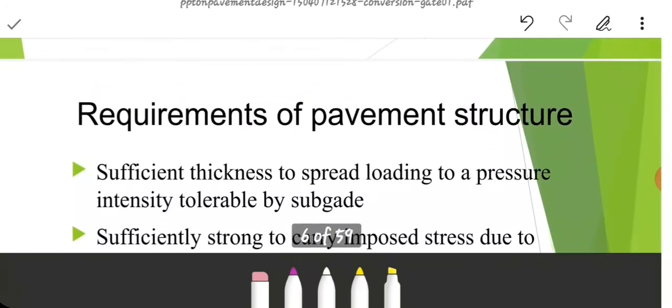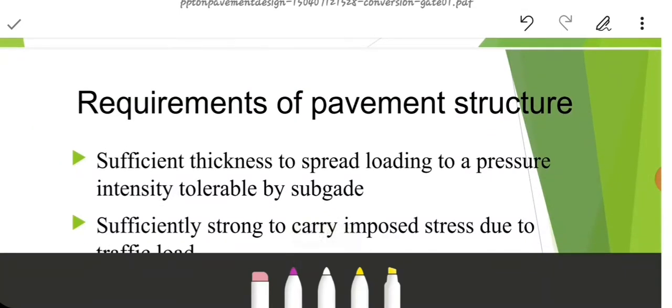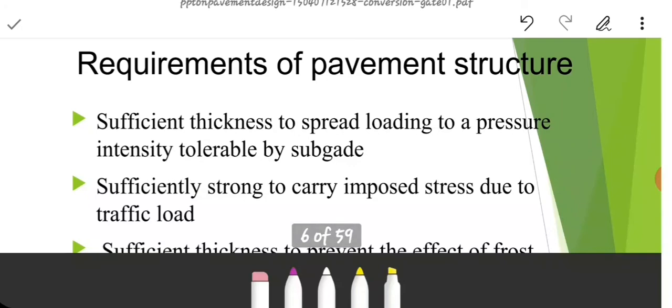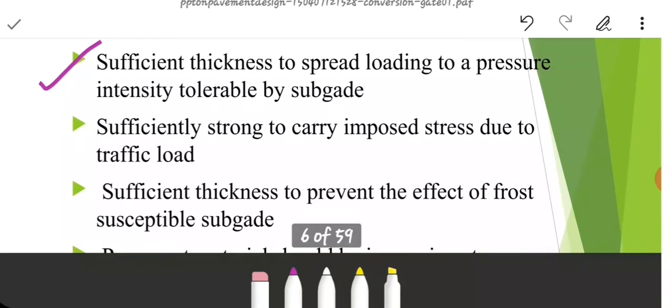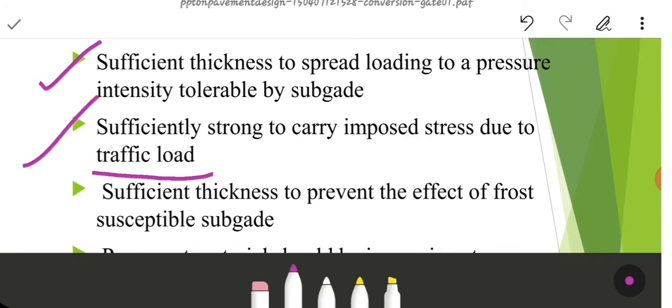So next, what are the requirements of pavement structure? Sufficient thickness to spread loading to a pressure intensity tolerable by subgrade. Clear? Sufficiently strong to carry imposed stress due to traffic load. Right?